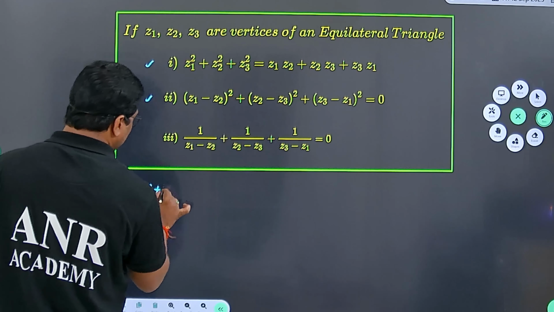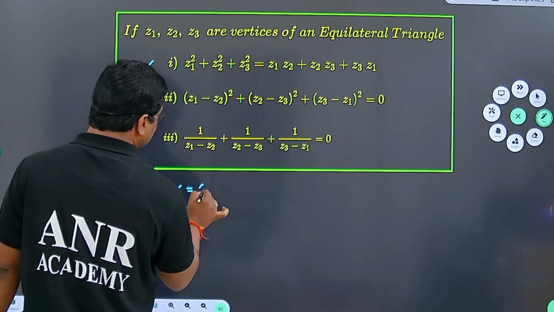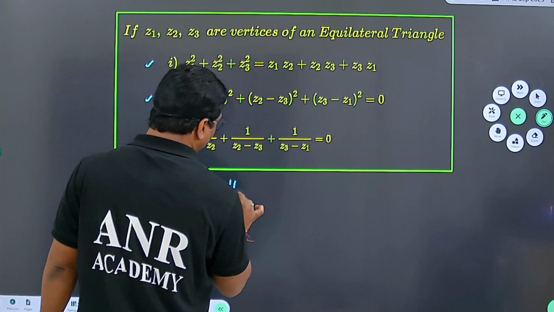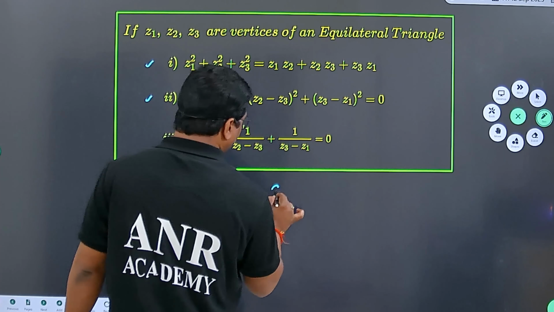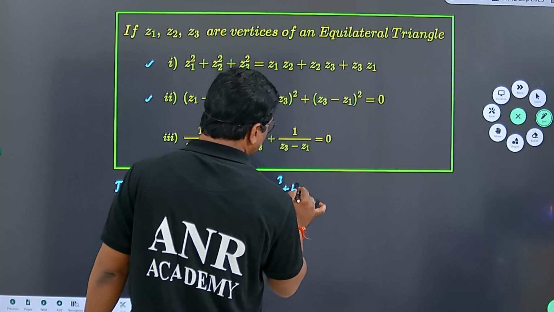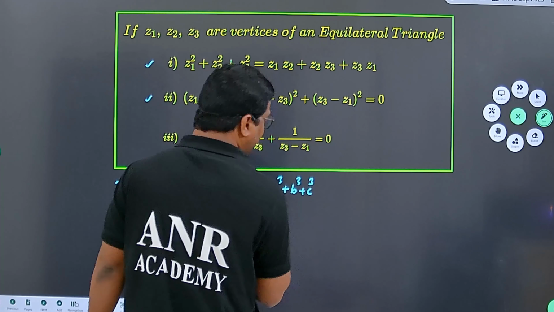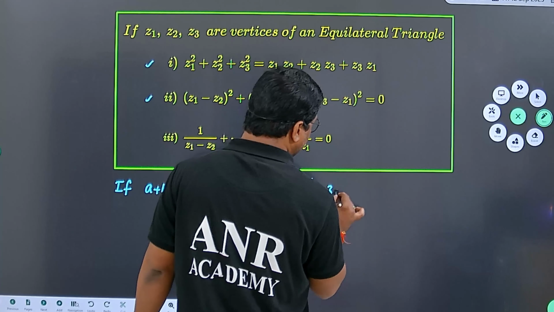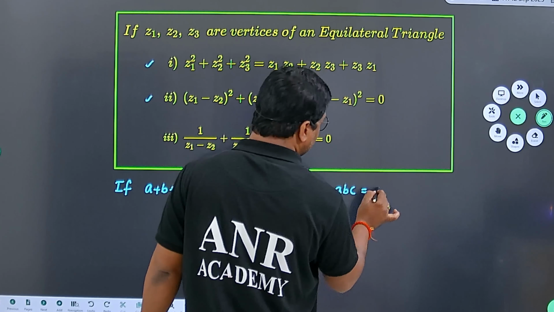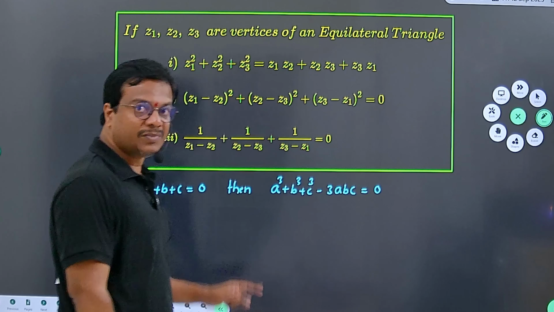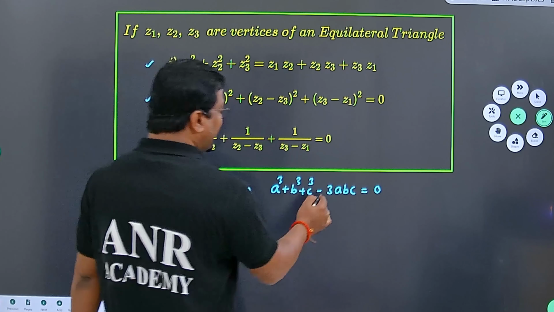if A plus B plus C is 0, then you know that A cube plus B cube plus C cube minus 3 times ABC is 0. And also you can factorize this.